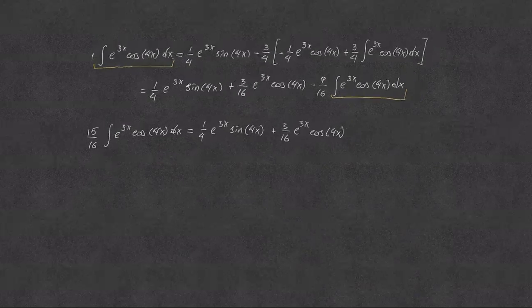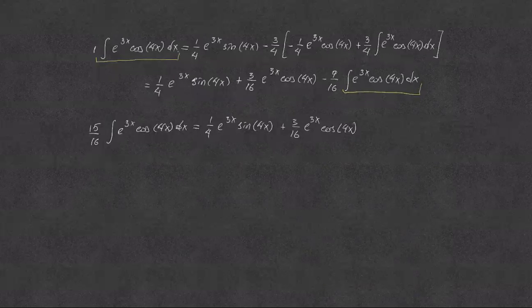So when you do that, we get this. So we multiply that integral, it's going to be the integral of e to the 3x cosine 4x dx. And then the right-hand side multiplied by 16/15.